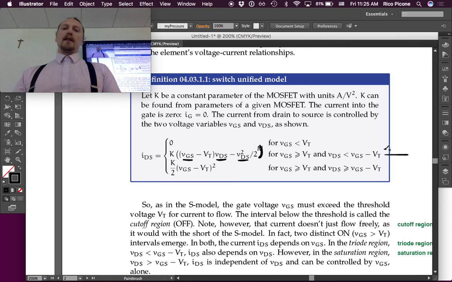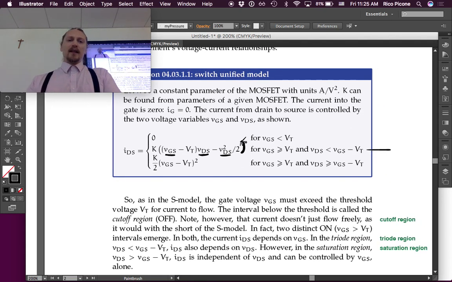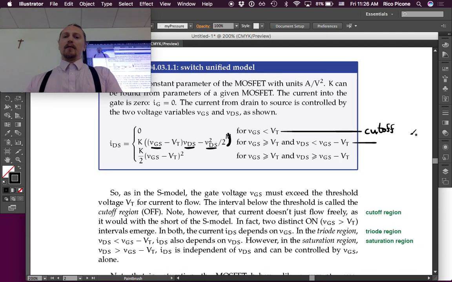This one is very nonlinear. It varies in two variables too, VGS and VDS, so it's not very nice to work with. We still call the first one cutoff, or off.